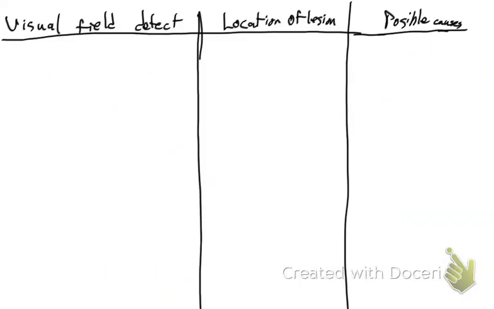So the next one that we're going to see is the left homonymous superior quadrantanopia.